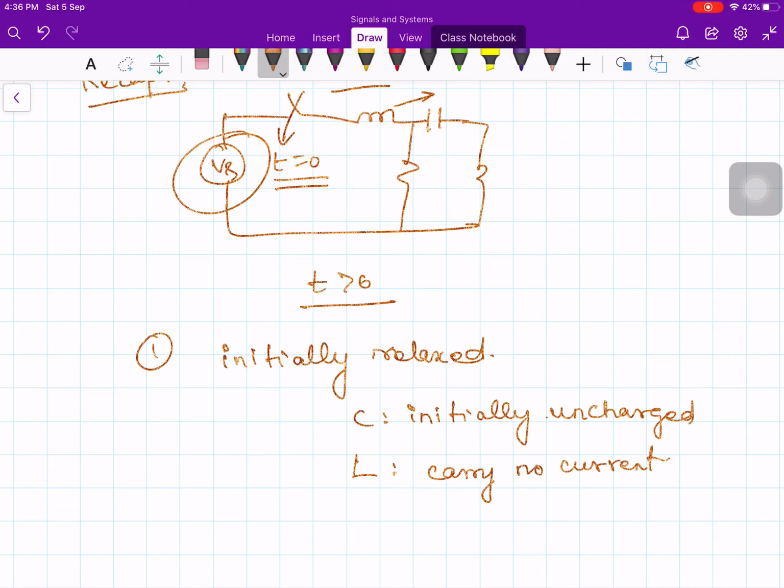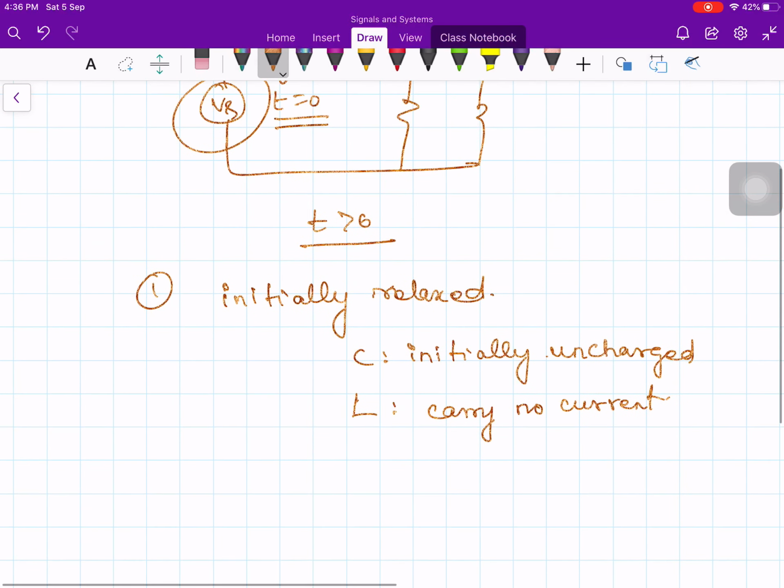And the second assumption that we will make is that the natural response of the network is such that it dies down to negligible proportions in course of time. Okay, that means the complementary function we are not going to consider. At t greater than 0, the contribution of the complementary function will be negligible.